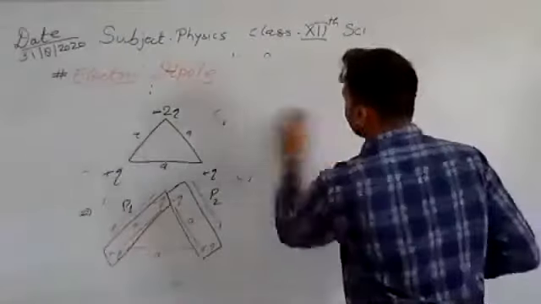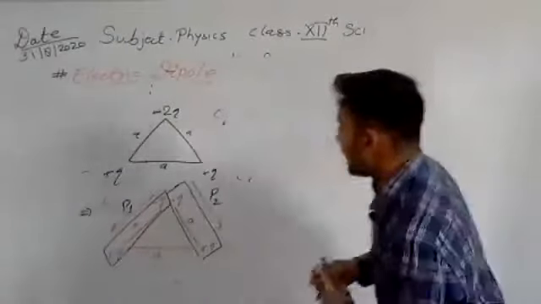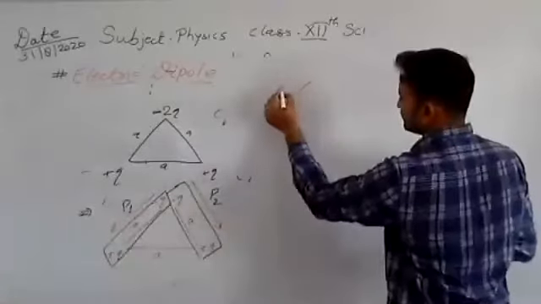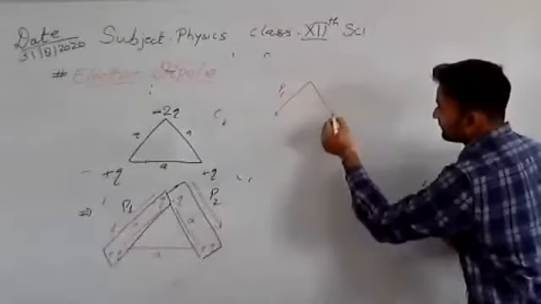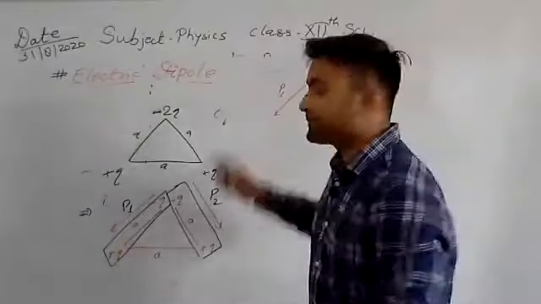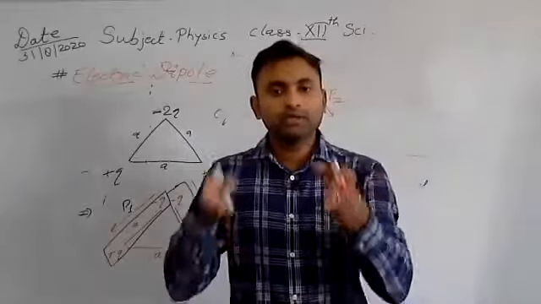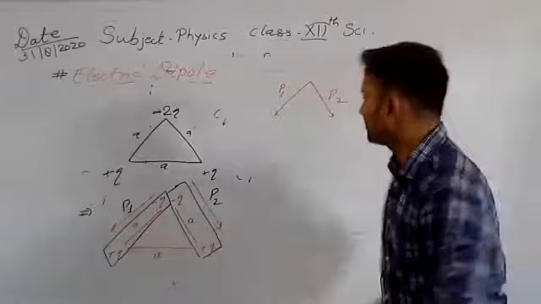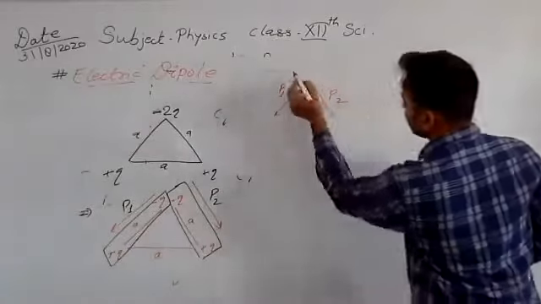So let us solve this. I have P1 in this direction. I have P2 in this direction. What is P1? It is Q into separation of charges. What is the charge? Q. So P1 will be what?